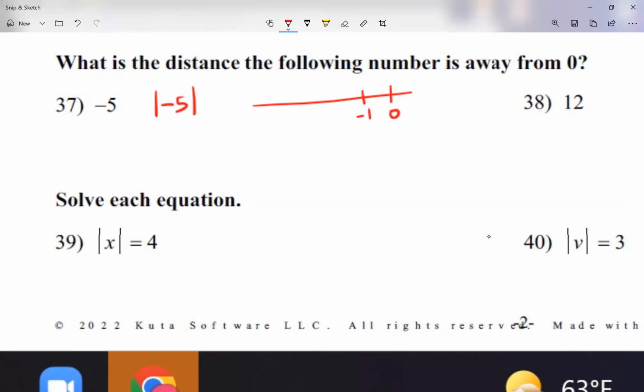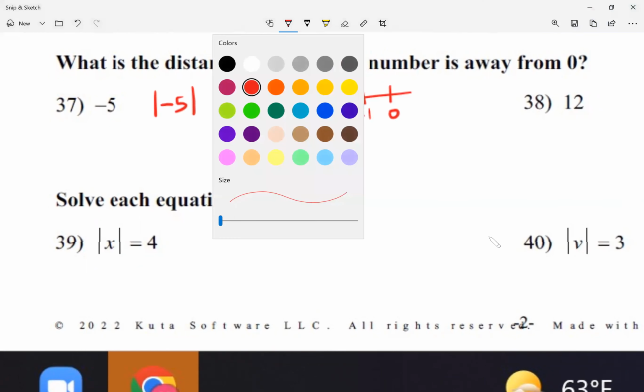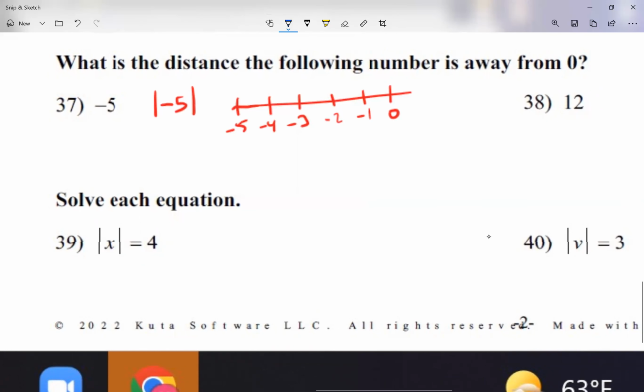I want to write -1, -2, -3, -4, -5. There's two ways we can answer this question. One of them is literally count the distance from 0. So I'm going to go 1, 2, 3, 4, 5.